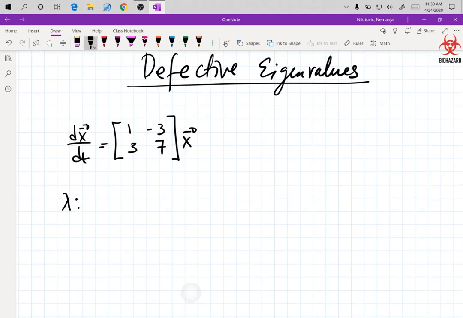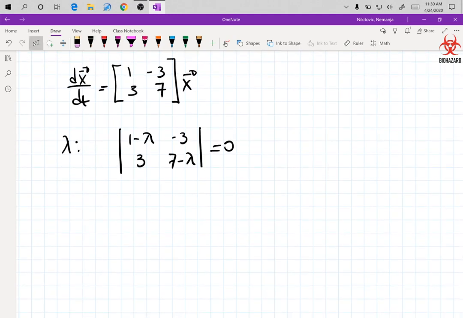To calculate lambdas, we know what to do. The determinant of 1 minus lambda, negative 3, 3, 7 minus lambda needs to equal 0. So that's going to be 1 minus lambda times 7 minus lambda. We beat this one to death so far. And then plus 9 equals 0. That's lambda squared.